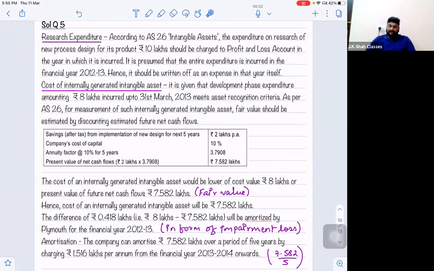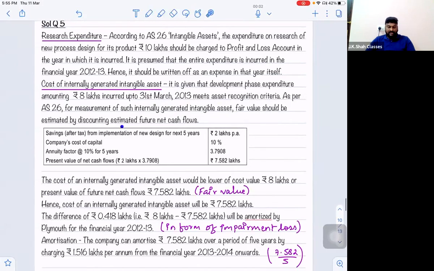It is given that development phase expenditure amounting to 8 lakh incurred up to 31st March 2013 meets the asset recognition criteria. As per AS 26, for measurement of such internally generated intangible asset, fair value should be estimated by discounting the estimated future net cash flows. So all the data is given. Savings after tax per annum for the next 5 years are 2 lakh rupees per annum.